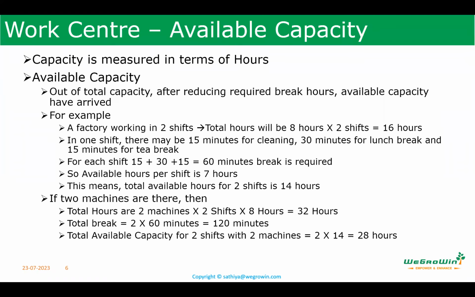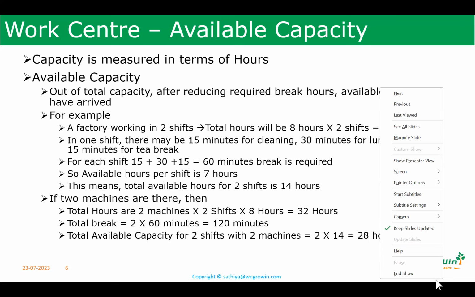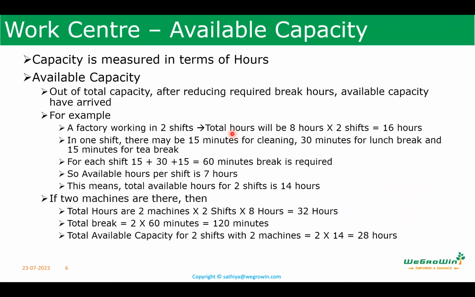For example, if you take one machine, the example is given here. The factory is working in 2 shifts. Total hours of the shift working is 8 into 2, 16 hours. You take one machine running in 2 shifts, so in total it is 16 hours. That is the total time.